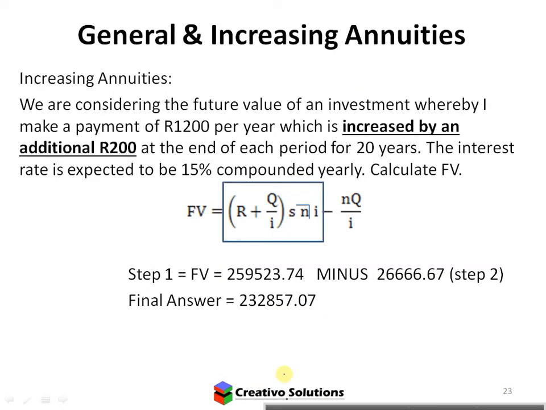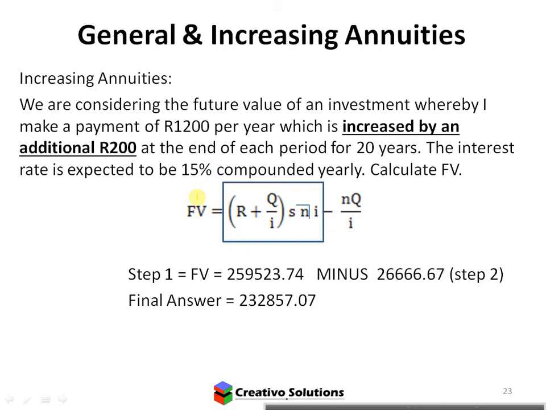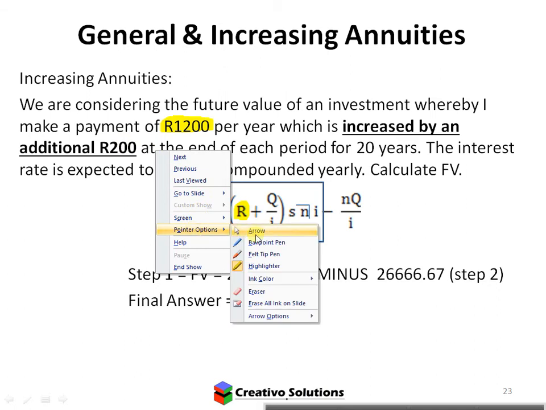Okay, here's an example. What do I put on my calculator? Well, let's read the question. Okay, what does this 1,200 represent? Yes, which represents that. Okay, what does the Q represent? Correct.